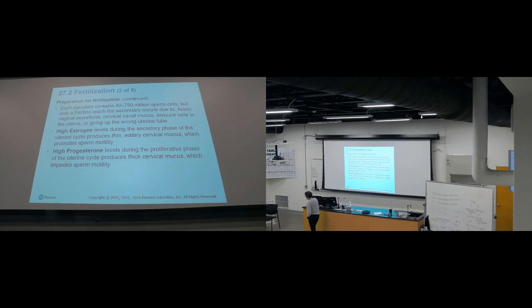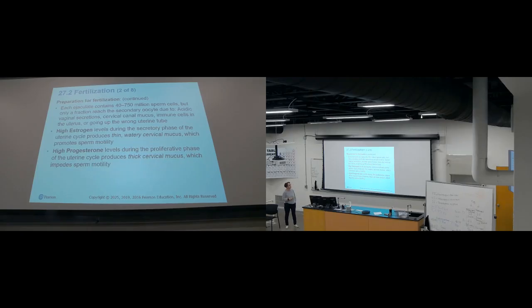So in ejaculation for a male that doesn't have azoospermia or a low count of sperm cells, you have between 40 to 750 million sperm cells. Females typically ovulate one egg cell per month. Sometimes, rarely, it can be two, but typically it's one.